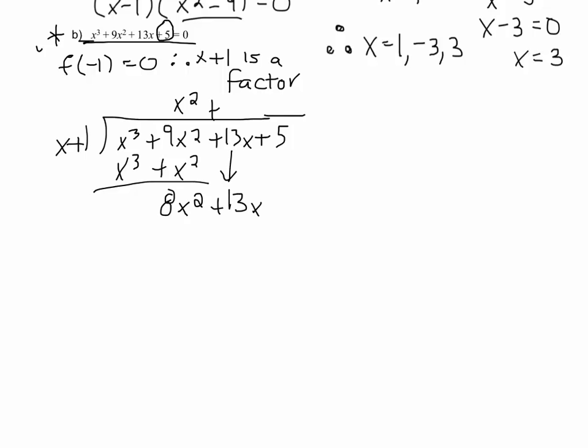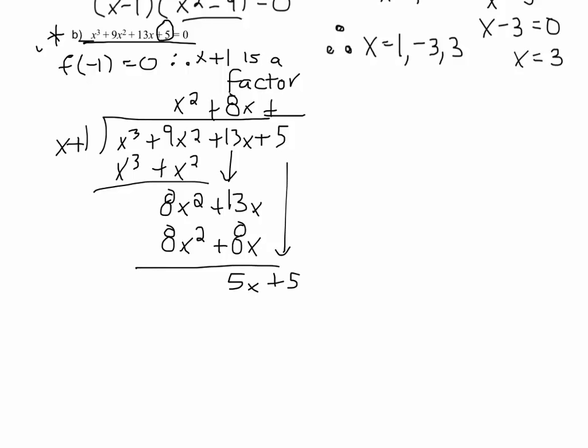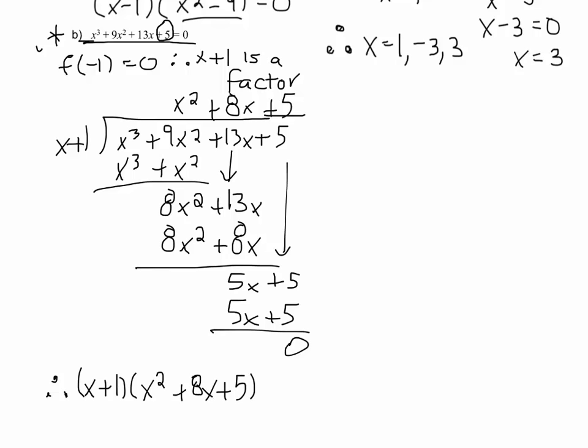This is going to go in 8x times, giving us 8x squared plus 8x. 13 minus 8 gives us 5x, and then bring down our other term. That's going to go in plus 5 times and should give you a remainder of 0 if you found the correct factor. This means we've now been able to factor it to x plus 1 times x squared plus 8x plus 5 equals 0.